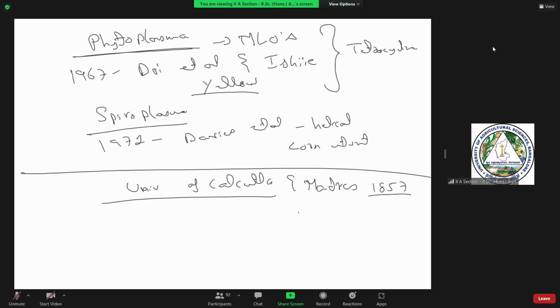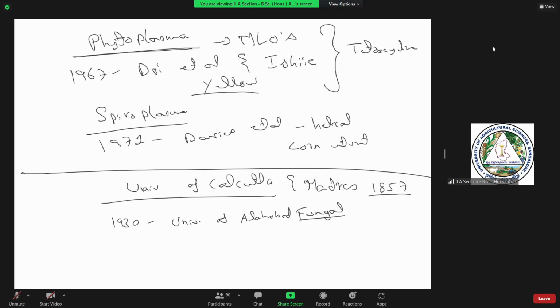It emphasized mainly fungal taxonomy, because fungi are the major ones known to cause plant diseases. But plant pathology as a university science was started in 1930 by the University of Allahabad, and also in Lucknow.